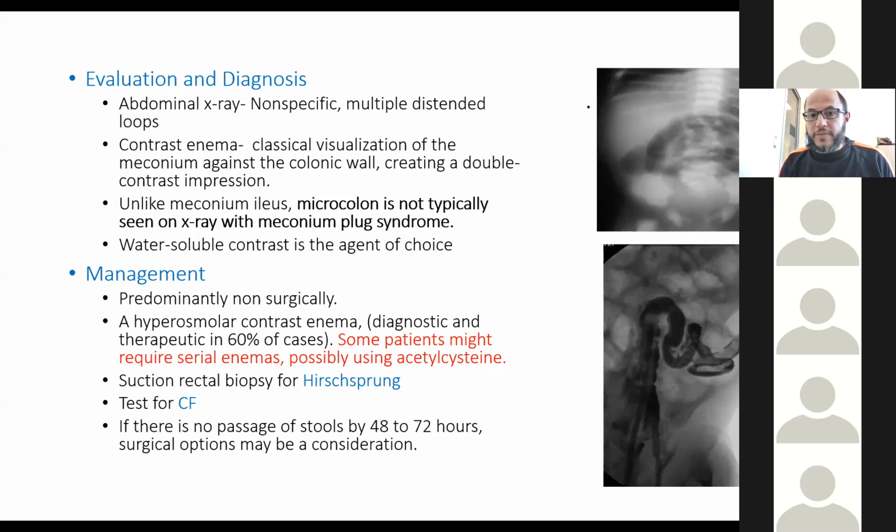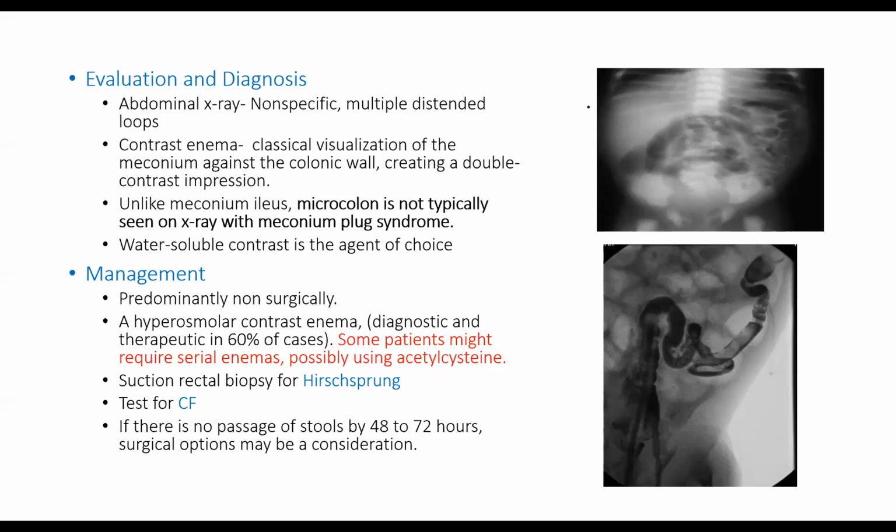But also when you give the contrast, you will see, more than the regular terminal ileum or in meconium ileus, a filling defect in the contrast. So you see something called double contrast impression, some areas of thickness and some areas of lightness. So here is the filling defect and here the contrast.